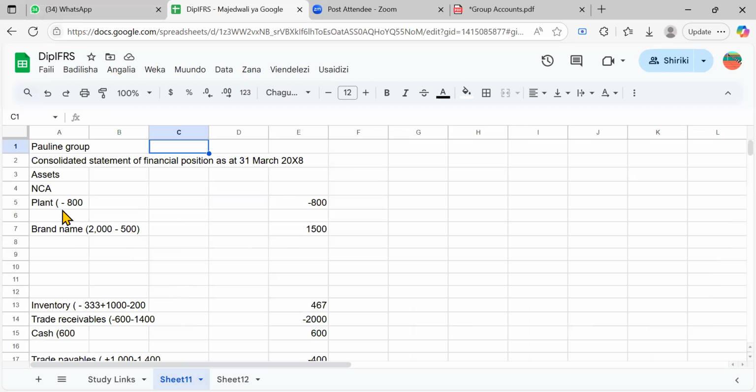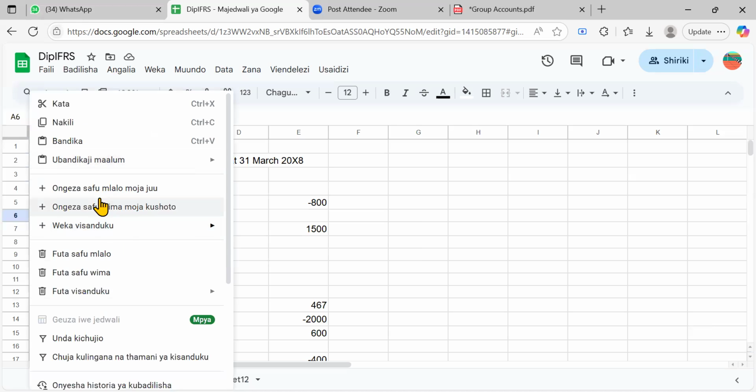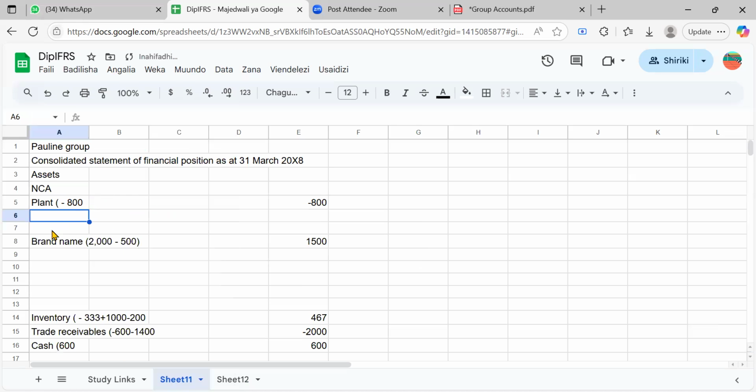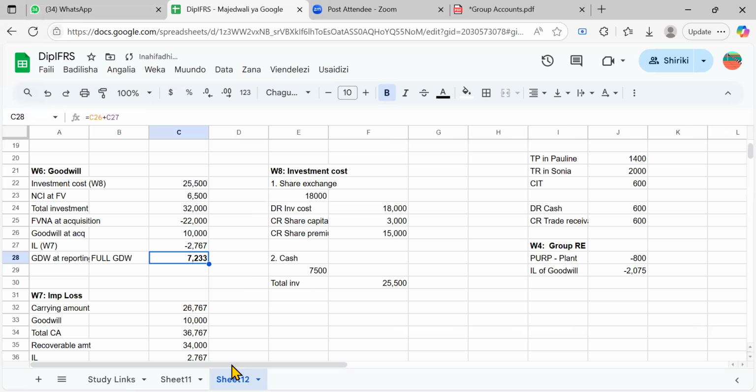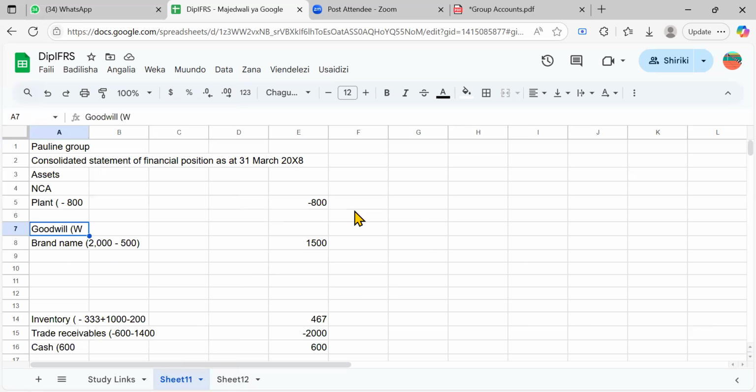So maybe after this one, I could say goodwill. Then which working was it? Working 6, right? So the examiner just needs to know on what working you did something. You don't need to memorize.